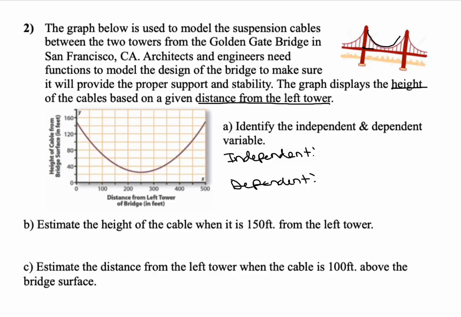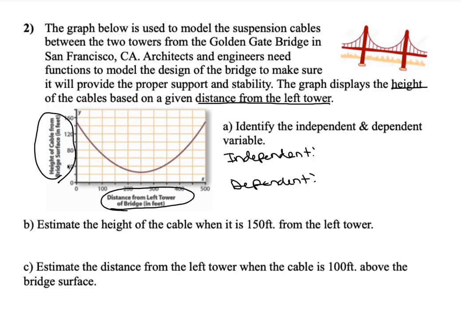We can also look at the graph itself and we can look at the axes. When we have both the scenario and the actual axes, it's helpful. The distance from the left tower is the values down on the x-axis, which means that is your independent already. And then the height of the cable from the bridge surface is going to be your y values.